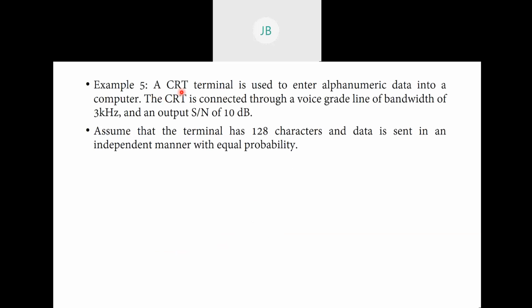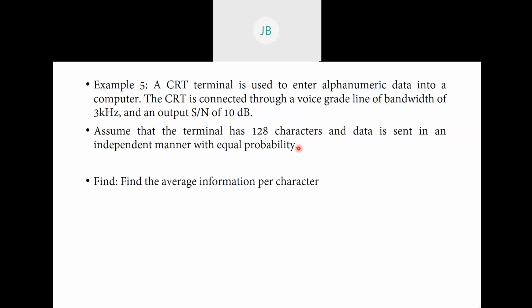It is given that a CRT terminal is used to enter alphanumeric data into a computer. The CRT is connected through a voice-grade line of bandwidth 3 kHz and the SNR is 10 dB. Assume that the terminal has 128 characters and the data is sent in an independent manner with equal probability.